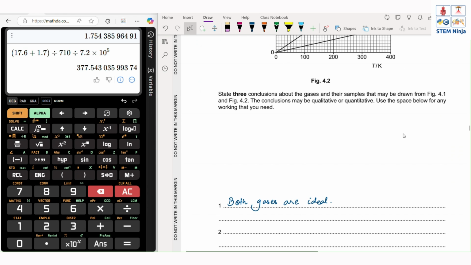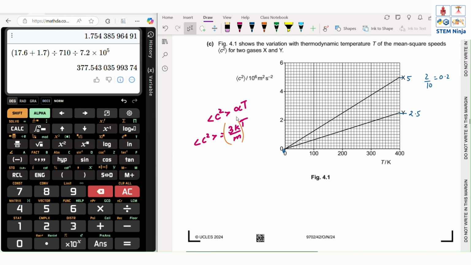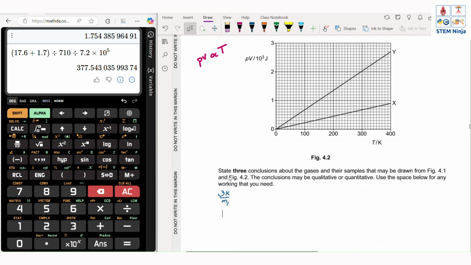So let's write that 3k over mx is equal to 5 over 400, and 3k over my is 2.5 over 400.